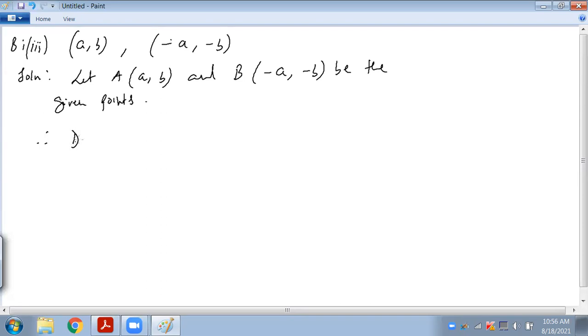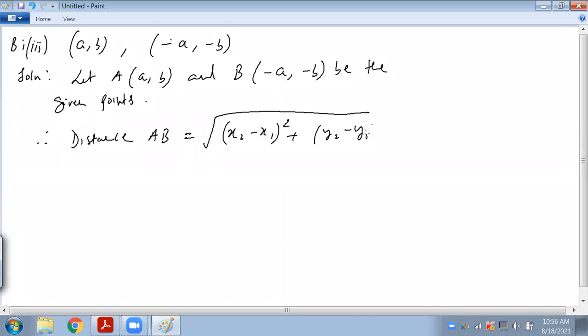Therefore, distance AB is equal to the square root of (x2 minus x1) square plus (y2 minus y1) square. In the rough work you can take the points.